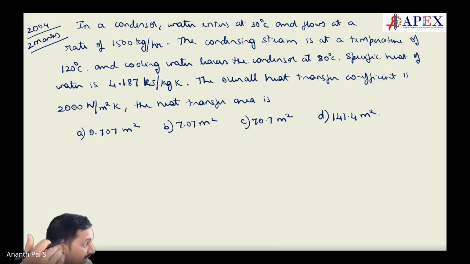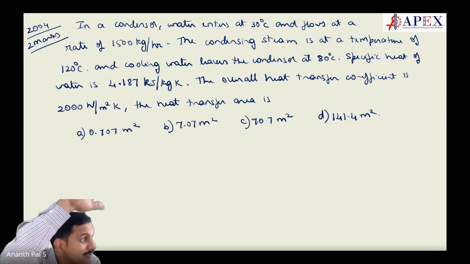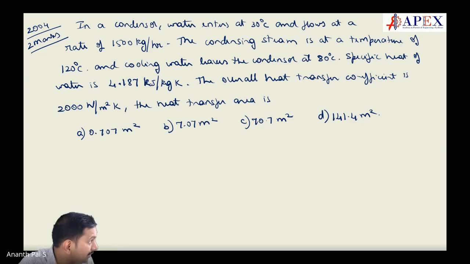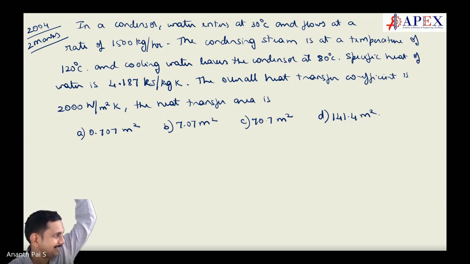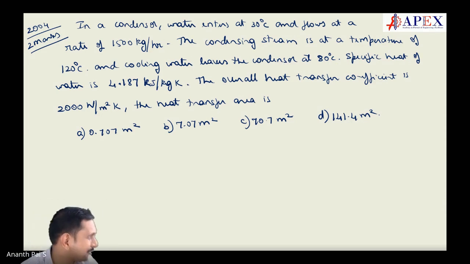But if the pressure is high, it condenses at higher temperature. Why? Because take the case of a pressure cooker, or on Mount Everest, the water boils at 69 degrees centigrade. Got the point? That's how you take it.